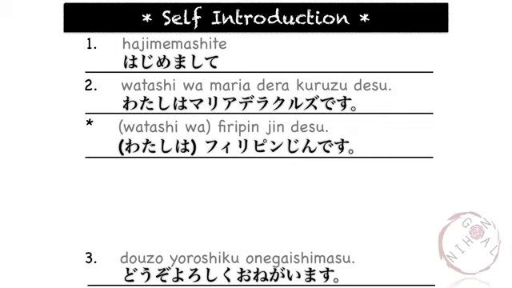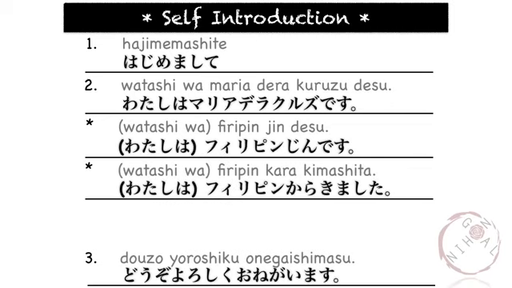So you can remove the subject which is 私 or 私は. Another way of saying your nationality is, of course, telling them where you're from. In this case, フィリピンから来ました. I am from the Philippines. So again, you don't have to say 私は because it is already implied in the sentence. So, 私はマリア・デラクルスです。フィリピンから来ました.